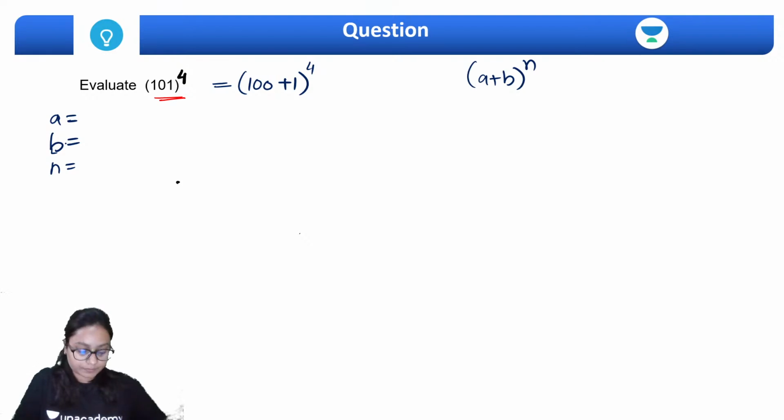Yes, Shalu, what is the value of a, b and n?